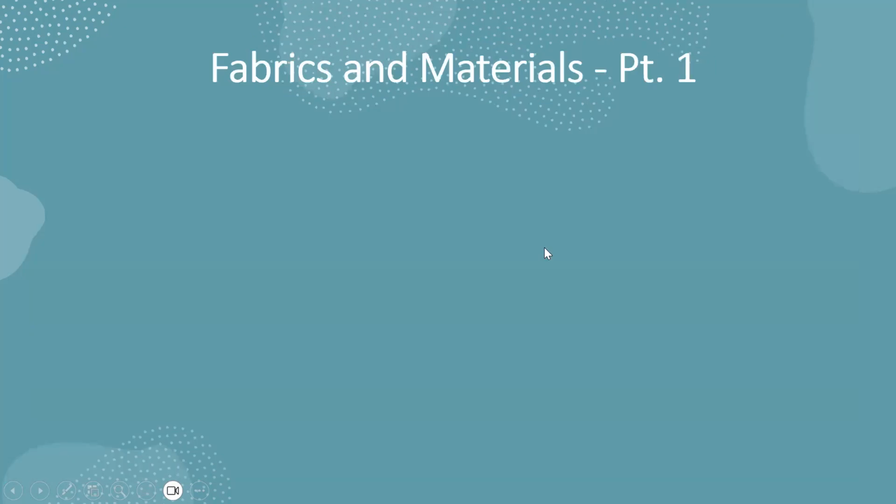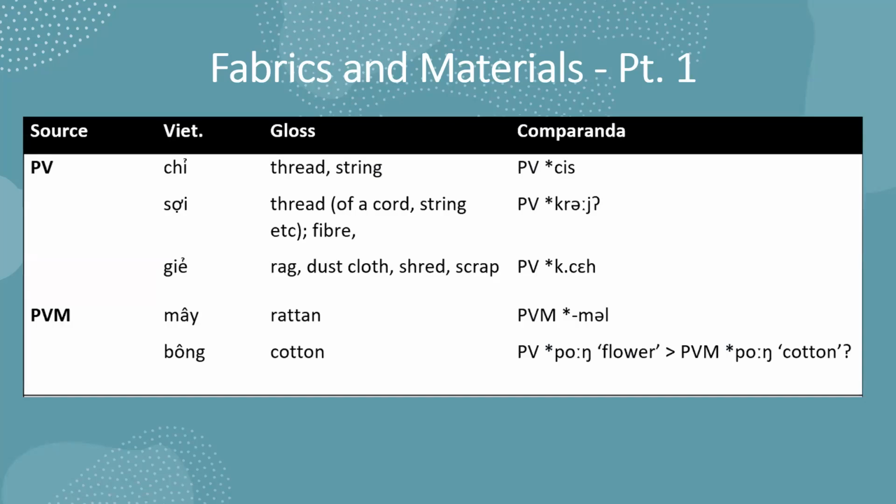Okay, so fabrics and materials, things we make those things with. And there's a good handful here of native words, Proto-Vietic for thread, different types of words, and I don't know how to distinguish these completely, but both of them have this approximate meaning of thread. A word for something meaning rag or something like that, okay.